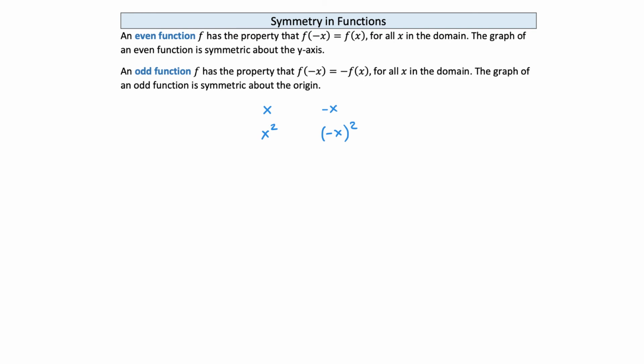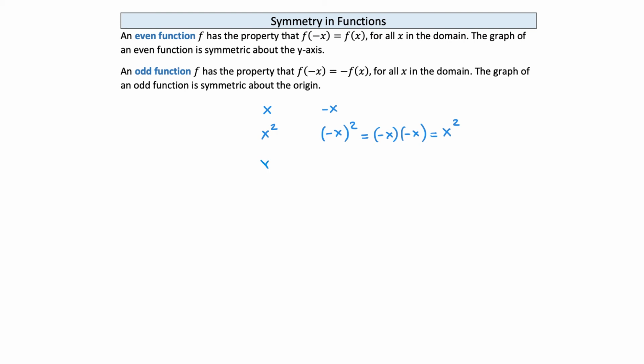As you see, when we replace x with negative x, that negative x has to be in parentheses. And what this means is that we have a negative x times another negative x, which makes positive x squared. So what we can say here is that if we had x squared and we replaced this x with negative x, the result is still x squared.